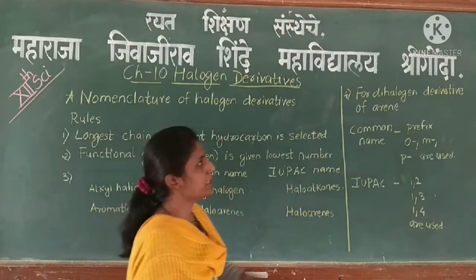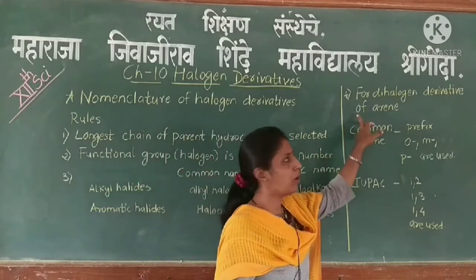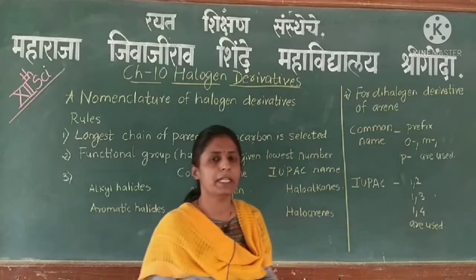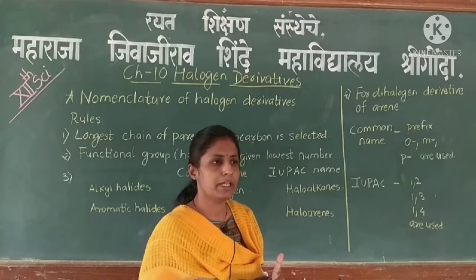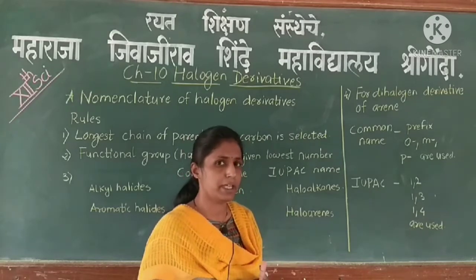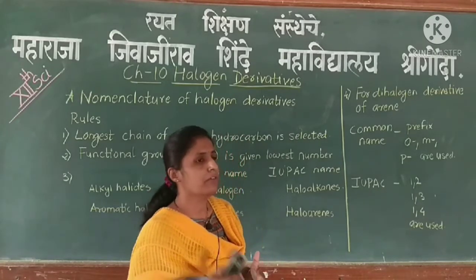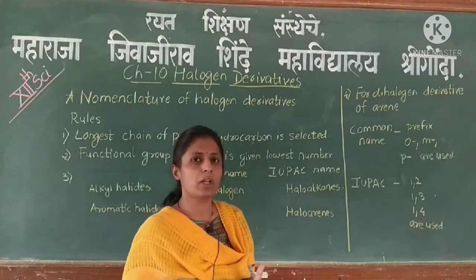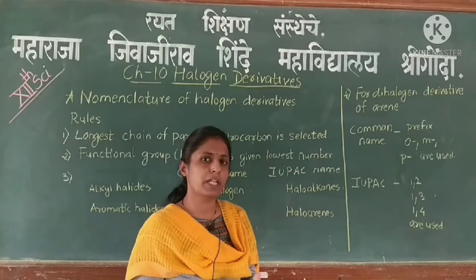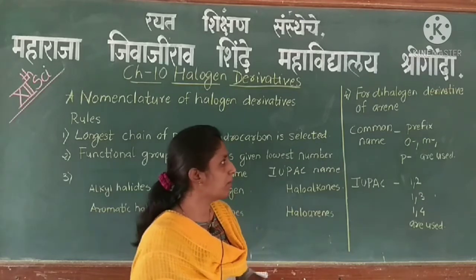Now the next rule is for dihalogen derivatives of arene. We know that aromatic compounds have monohalogen derivatives, and polyhalogen derivatives are also there, that is, more than one halogen in the compound.